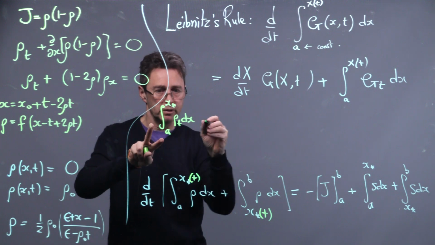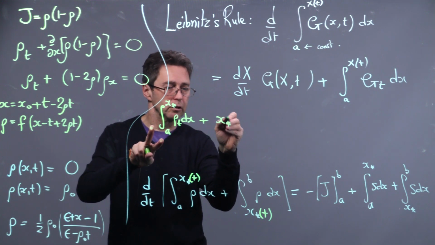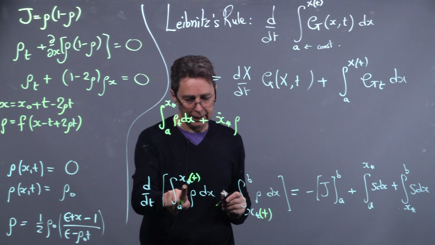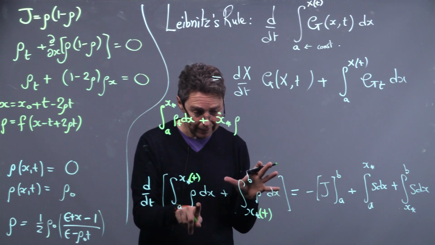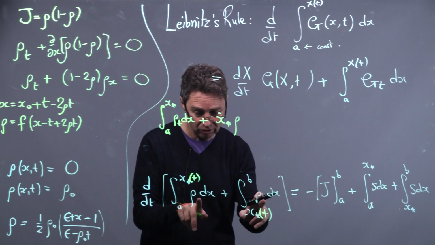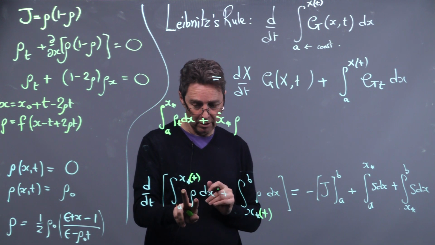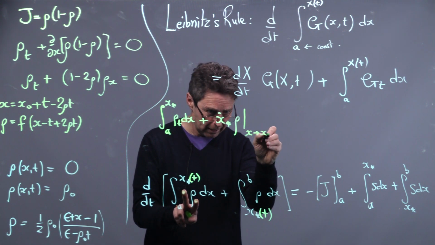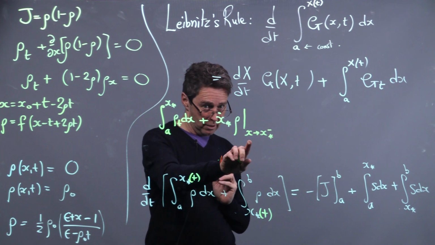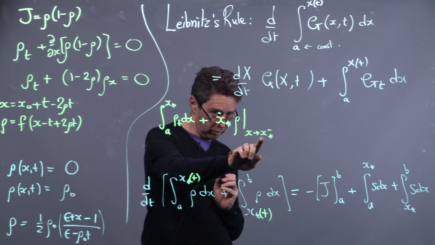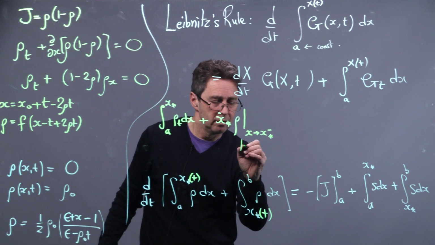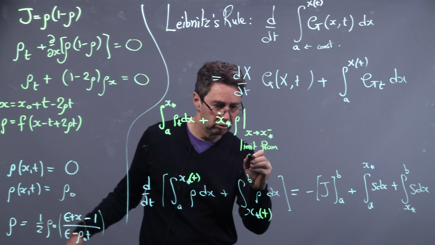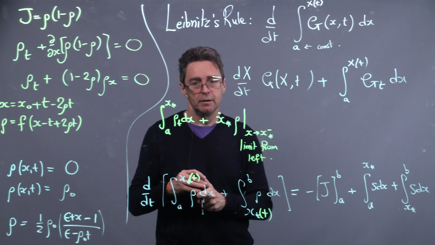But then I also get this one, so that's x star dot and rho, evaluated at x star. But I have to bear in mind that x star is the position of the discontinuity of rho. So what I really want here is rho evaluated as x goes to x star from below. I'll notationally put x star minus to indicate that. That's the limit from below, or from the left, thinking about it in space.